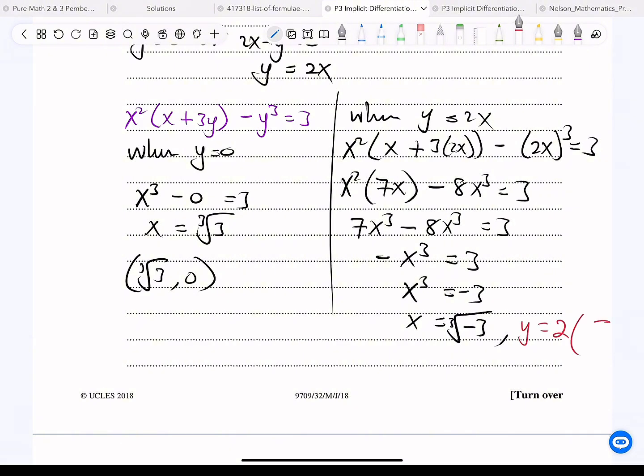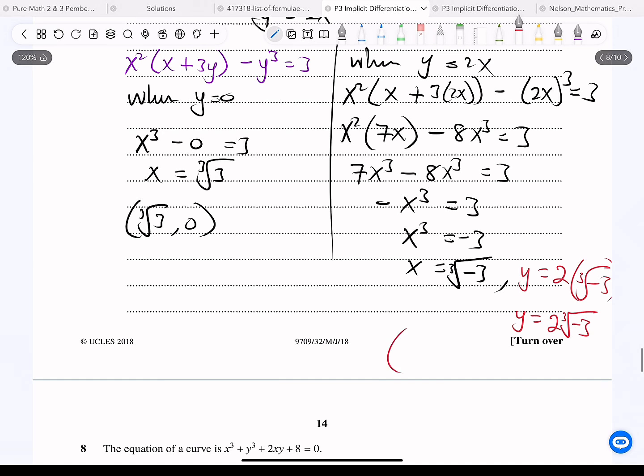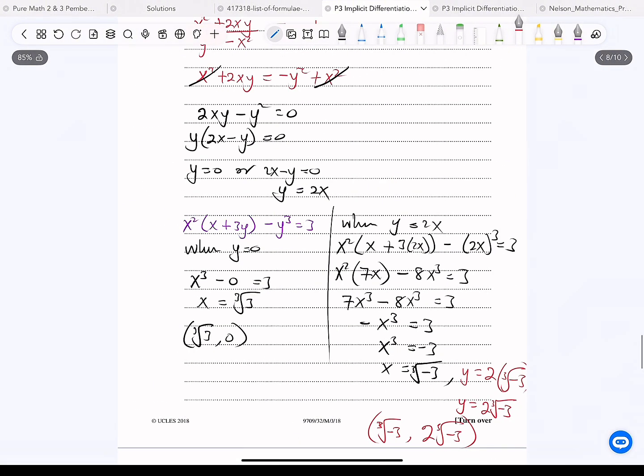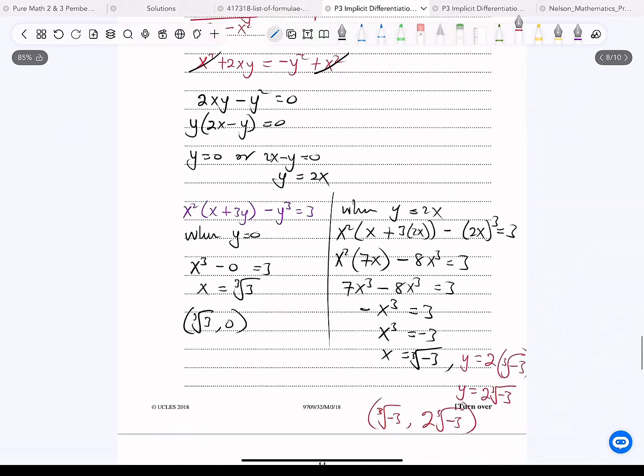So 2 times the whole of this, which will become just 2 cubic root of -3. So the next point is cubic root of this, comma, 2 the cubic root of that. And we are done. So they wanted 2 points, and that's what we got.